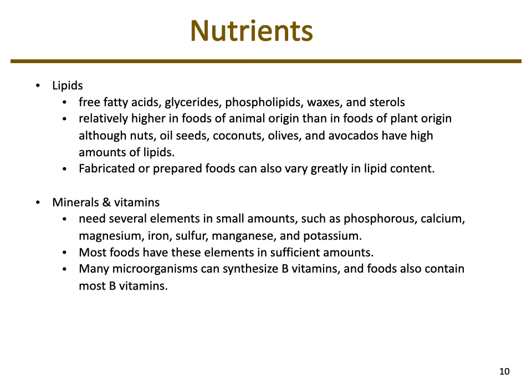Many microorganisms can synthesize vitamin B, so they wouldn't rely upon their food source for that, but foods would also contain vitamin B. Looking at some of the elements they would need from their environment, phosphorus, calcium, magnesium, iron, sulfur, and potassium would all be very important for the microbes to consume in their diet. And again, that is coming from the food source.